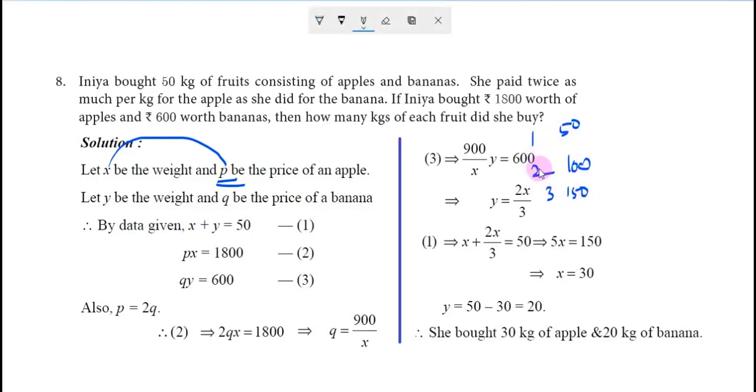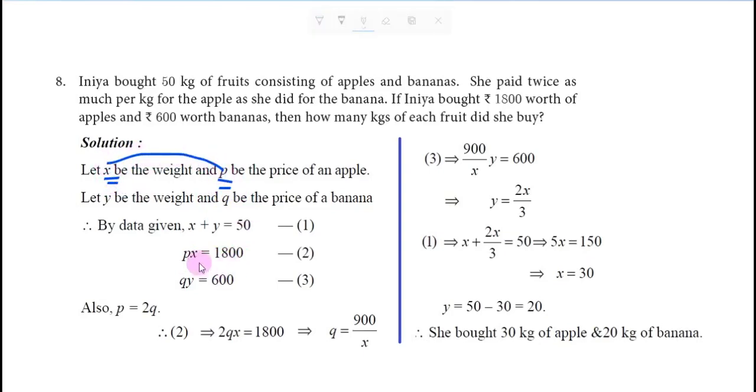Because you will multiply the kg with price. Understood? So px equal to 1800. P means price of apple, x means weight of the apple. When we multiply these two we will get 1800. The same way y be the weight of the banana and q be the price of the bananas. When we multiply, this is rupees 600 worth bananas, so qy is equal to 600.